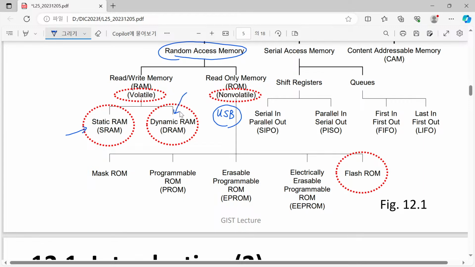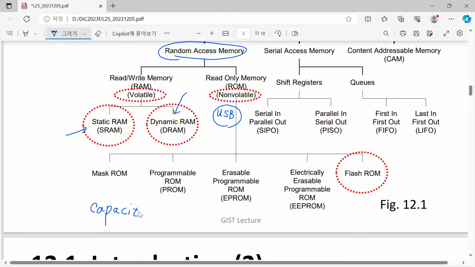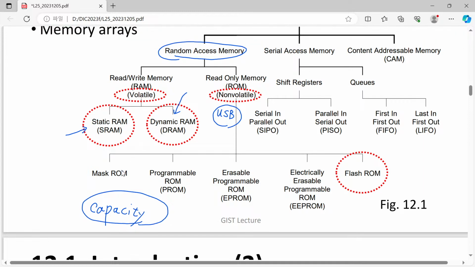And yes, DRAM will have a much simpler cell structure. So in the case of memory capacity, meaning how much information can be stored in a given SRAM or DRAM device, certainly DRAM has a lot more advantages over SRAM.